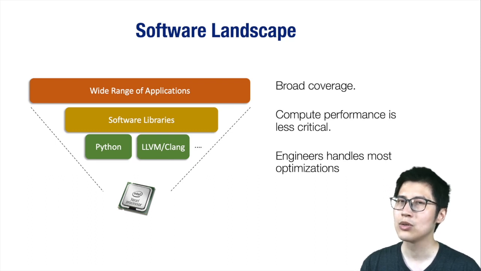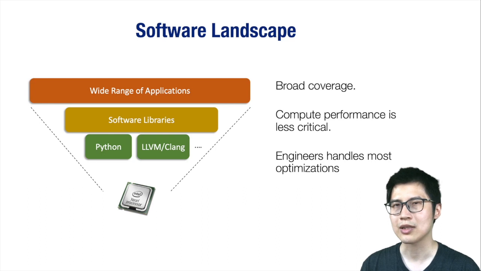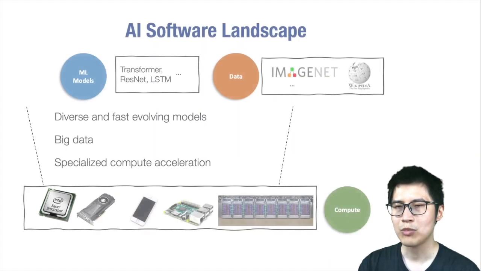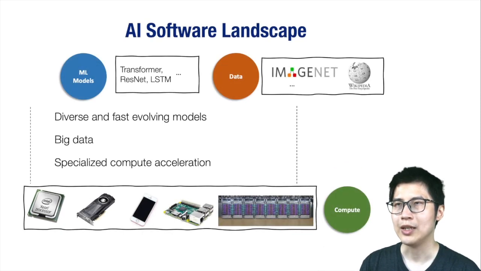However, if we start to look at the software landscape in the age of artificial intelligence, a lot of things have changed. Specifically, the software landscape goes from a funnel type to a wider range of both specialized front-end applications, as well as the backends that we want to run them on.